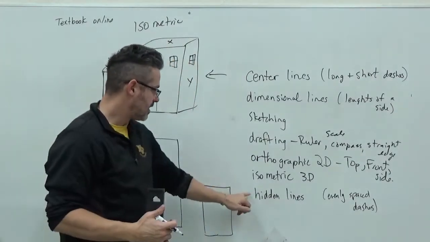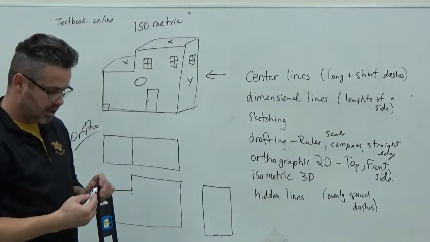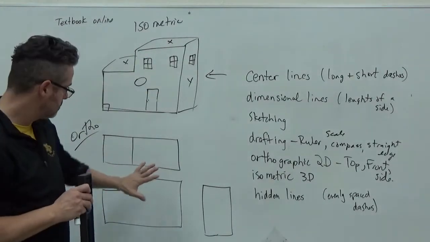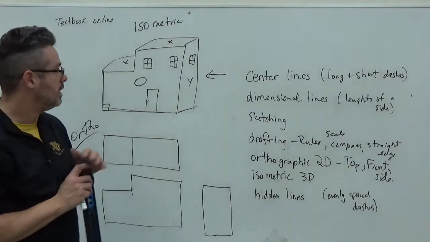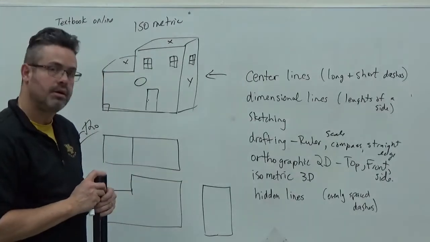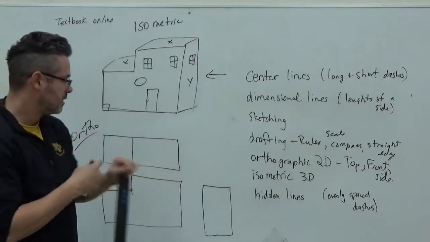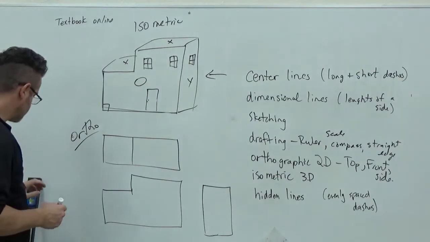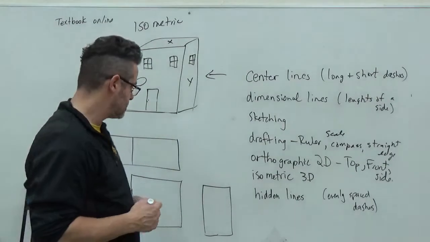Now, the last one I have here are hidden lines. You will not see hidden lines in an isometric view, but you will see them in an orthographic view, just like center lines will only show up in an orthographic view. So what are hidden lines? Well, hidden lines are things that are happening in the background that you can't see.